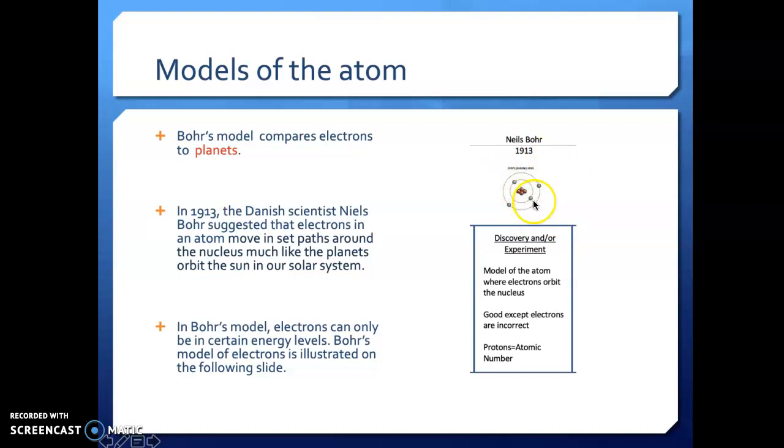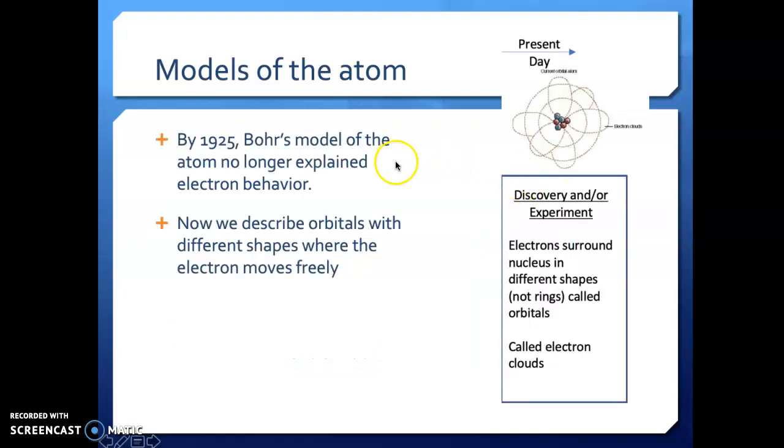But in his version of these rings, these distinct energy levels, is where the modern version tends to deviate. The nucleus is still part of his. He just has these distinct rings. And we're actually going to draw some Bohr models because it is a helpful way for us to understand on a very simple level what electrons are like, because there are some positives to the electrons here.